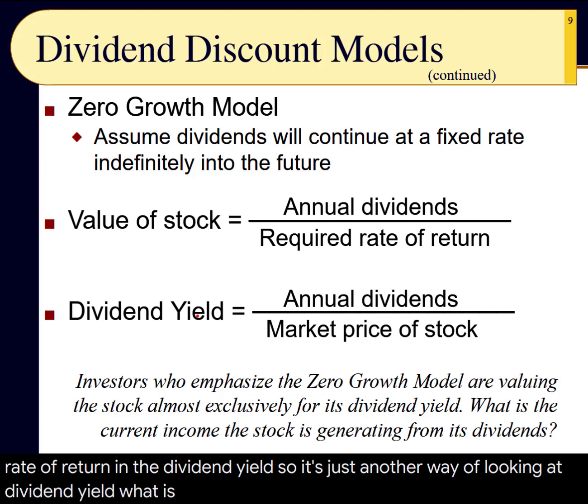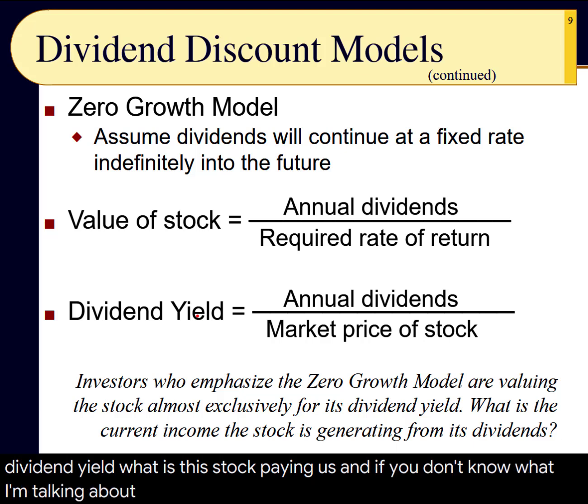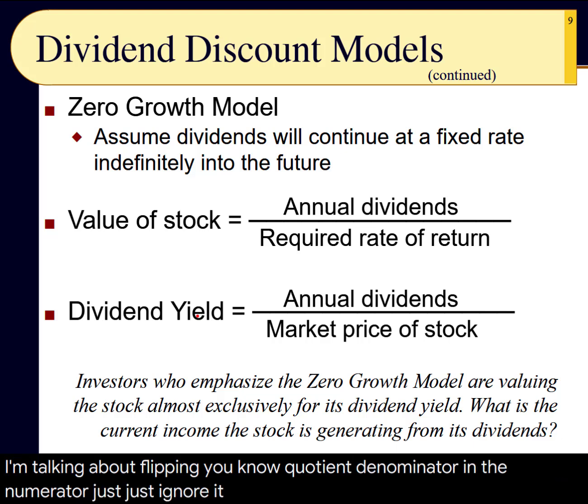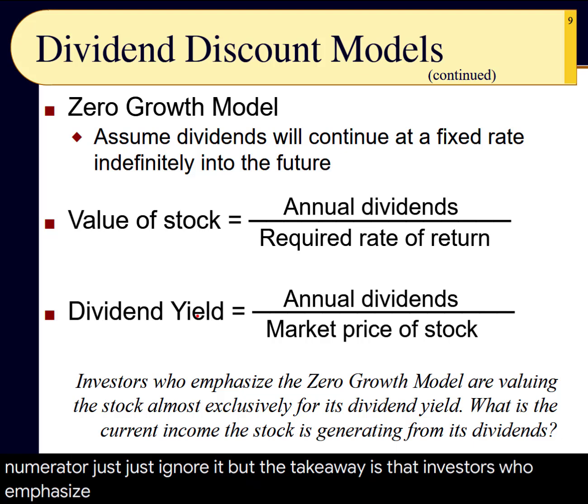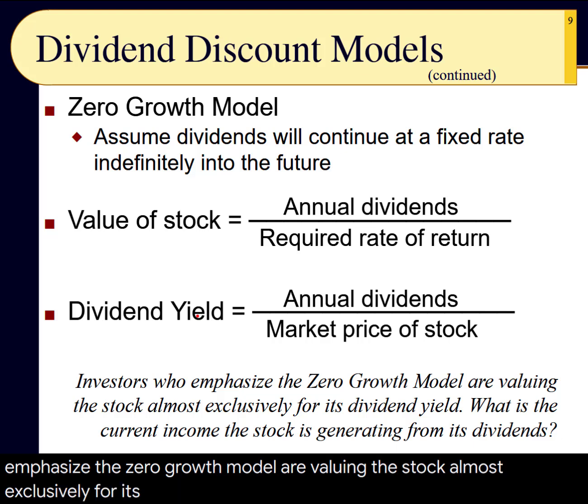What is this stock paying us? And if you don't know what I'm talking about, flipping, quotient, denominator and the numerator, just ignore it. But the takeaway is that investors who emphasize the zero growth model are valuing the stock almost exclusively for its dividend yield.